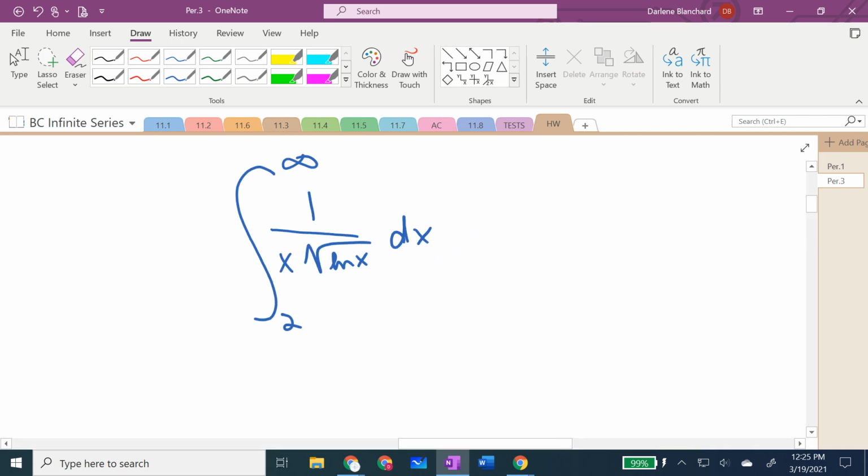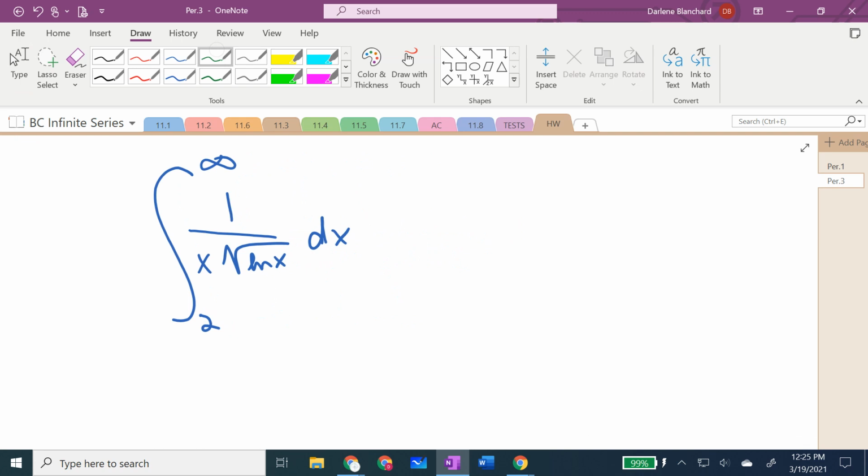However, I should double check the function. And I'm dealing with numbers, let me just say, if I'm dealing with numbers 3 or larger, just to make our lives a bit easier. If I'm dealing with numbers 3 or larger, this is definitely positive.